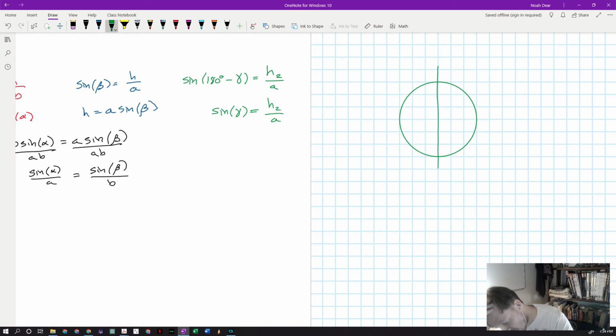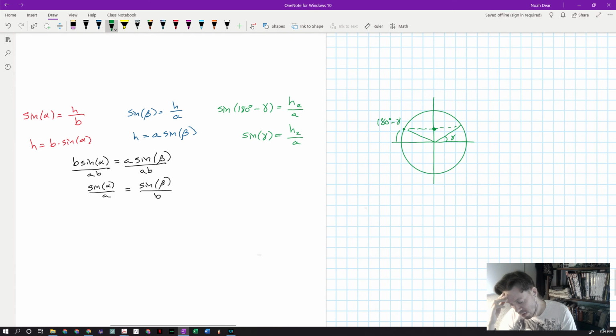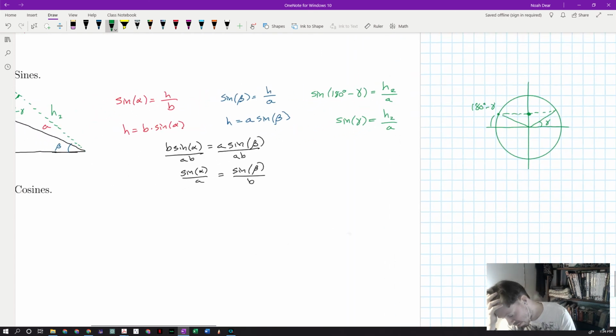And so I've got my y-axis, my x-axis. Let's just take, here's gamma. Then 180 degrees minus gamma is going to get us to here. And so we see the sine value for both of these is the same. It's the same y value. So here 180 degrees minus gamma gives us the same thing as just sine of gamma. So we can just simplify that down in that manner.